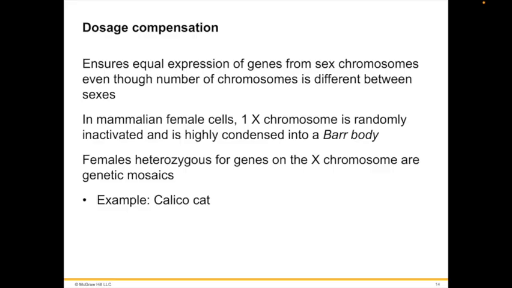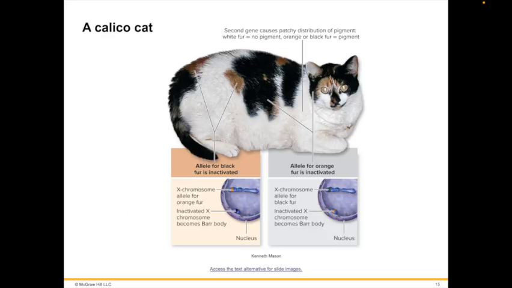The inactivated X chromosome is highly condensed, making it visible as an intensely staining bar body. And if you look in your text, you can see that shown. It is not shown here. And the bar body is attached to the nuclear membrane.